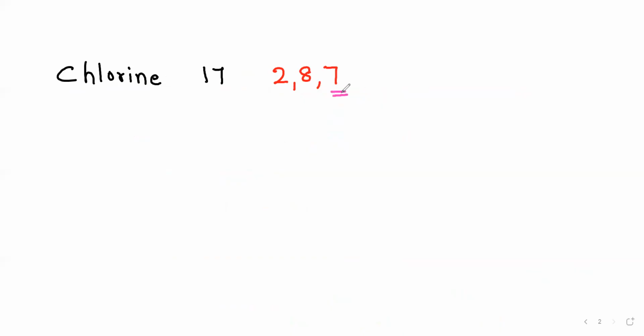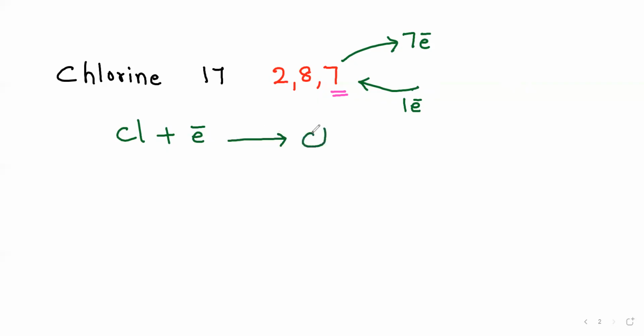So the two possible options for chlorine are either to leave 7 electrons or to accept 1 electron. Logically, which will be easier for chlorine? Chlorine always prefers to gain an electron. And when 1 electron comes, electron means negatively charged, so it becomes Cl-.